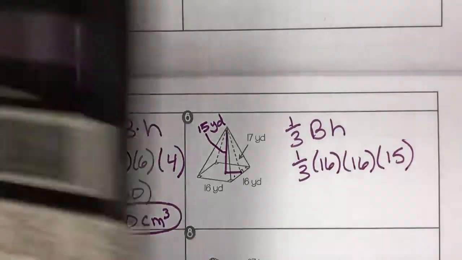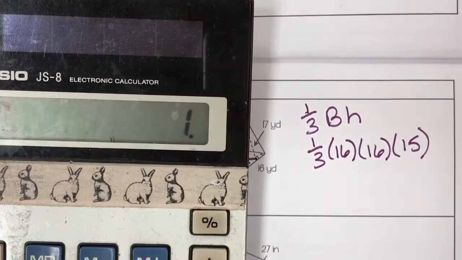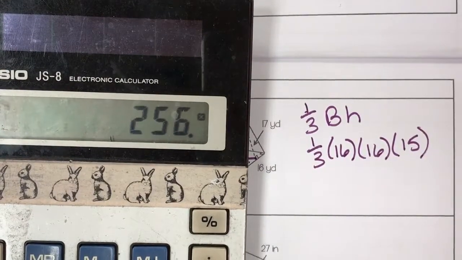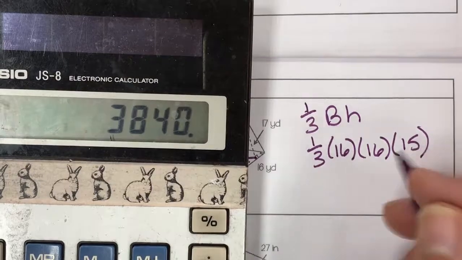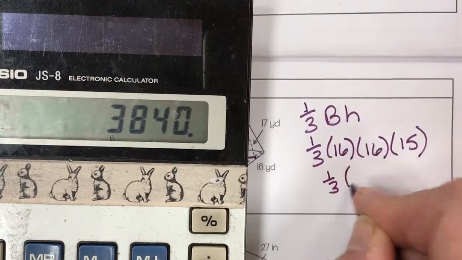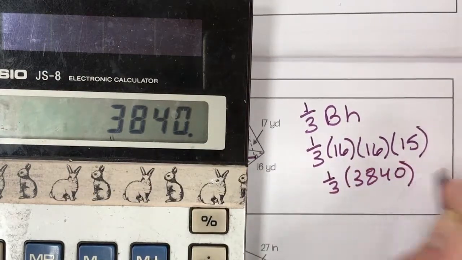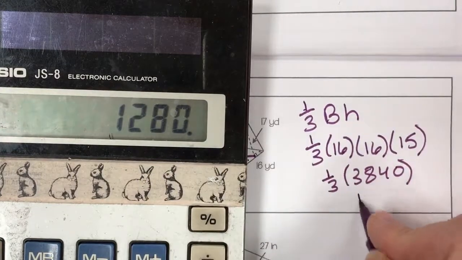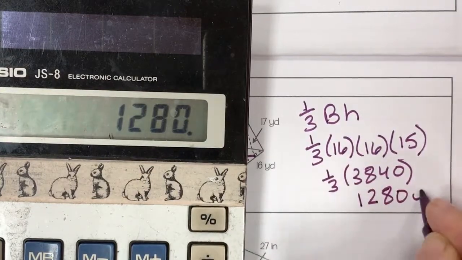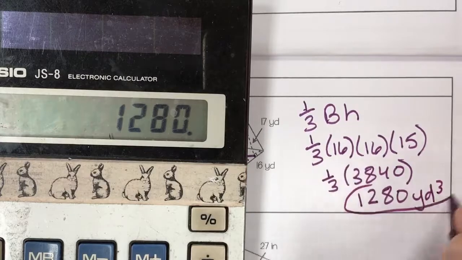So in your calculator, you're going to do 16 times 16 times 15, which is 3,840, and then you're going to divide by 3 to get the answer 1,280 yards cubed.